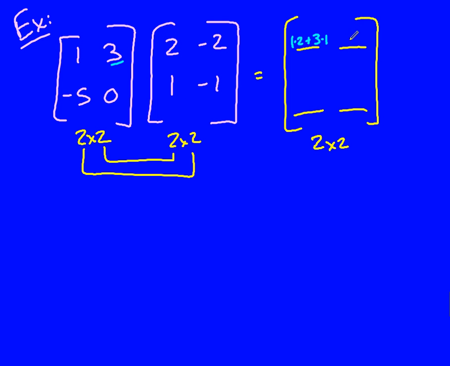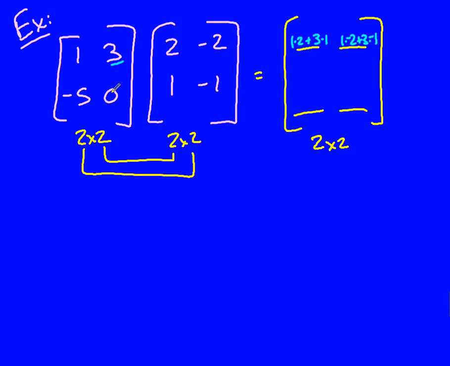Same thing here, except now I'm in still the first row, second column. So I'll go first row times second column: 1 times negative 2, and 3 times negative 1. Those are my additions. This entry here is in the second row, first column.